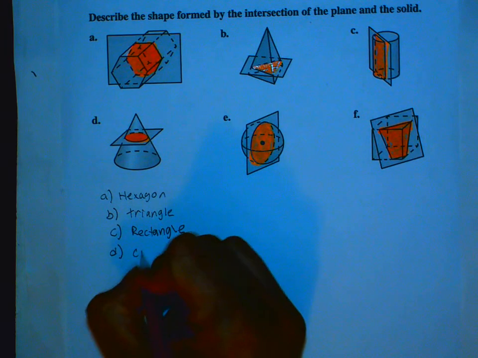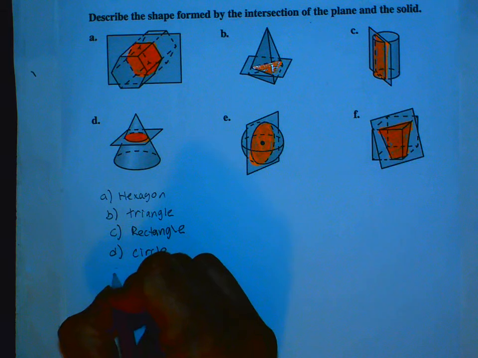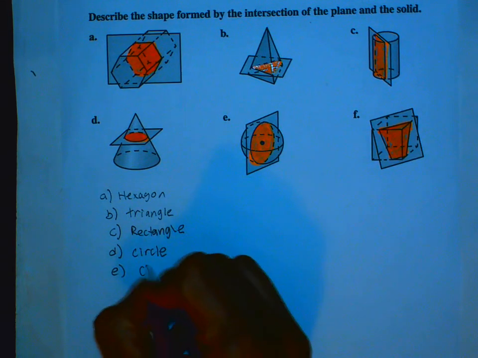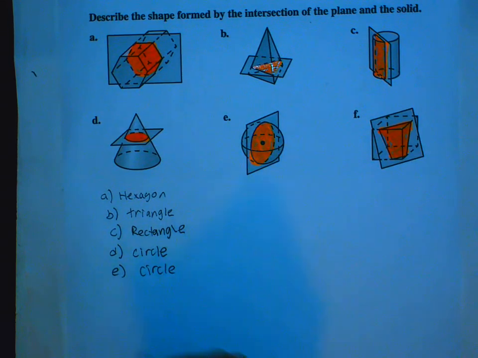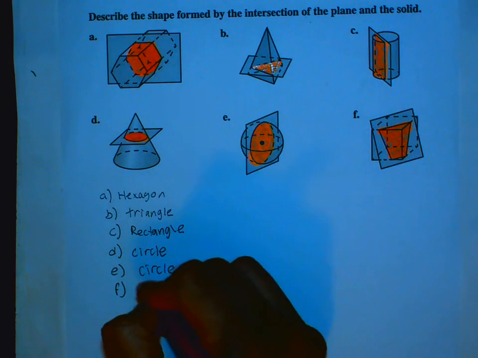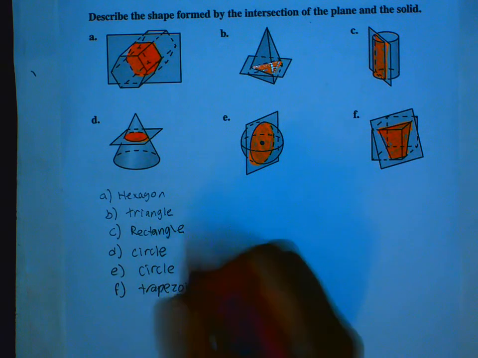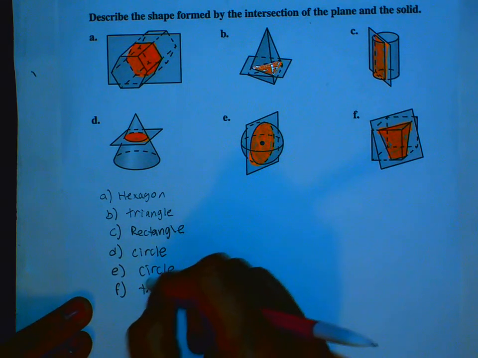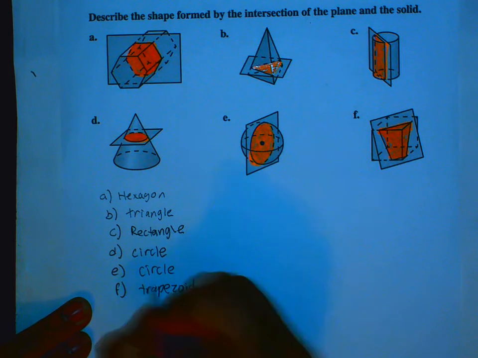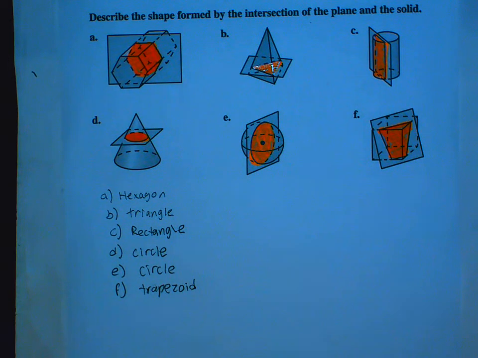For D, it's creating a circle. And also for E. And for F, it's creating a trapezoid. That is an ugly looking R. Trapezoid. So that's example number 2.